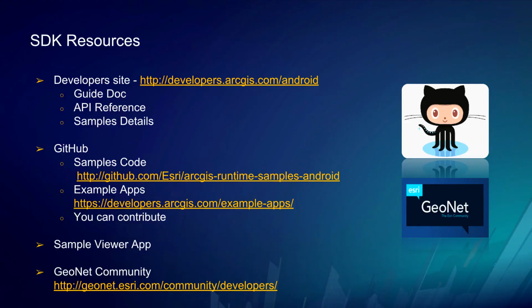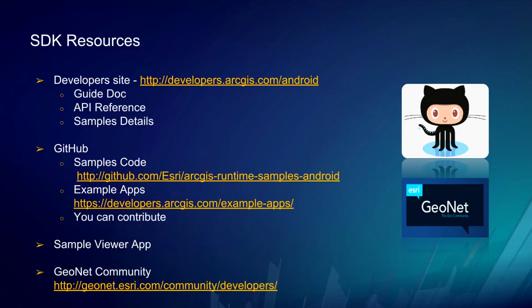There's something new coming with 100.3. We now have a sample viewer app. These are samples that are available in GitHub, so you need to download, open them in Android Studio, build them and run them on an Android device to actually see the sample. But with the sample viewer app, which will be available pretty soon, in a week or two on Play Store, you don't need to have any IDE.